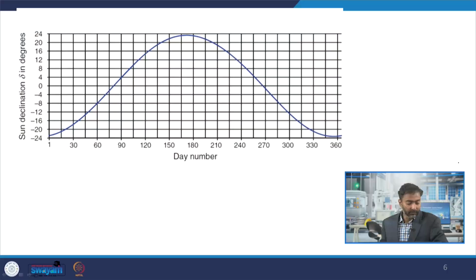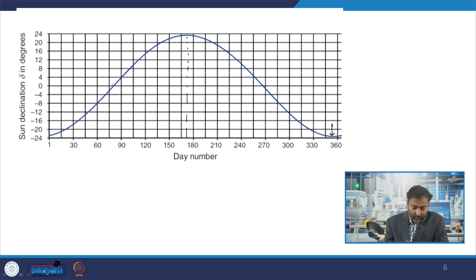And if you look at its variation, we can plot it across the year with respect to day number. The maximum positive happens somewhere around the summer solstice, around June 21, and it goes to 23.45 degrees. The maximum negative happens somewhere around December 22, or the winter solstice, and again the value is minus 23.45 degrees.